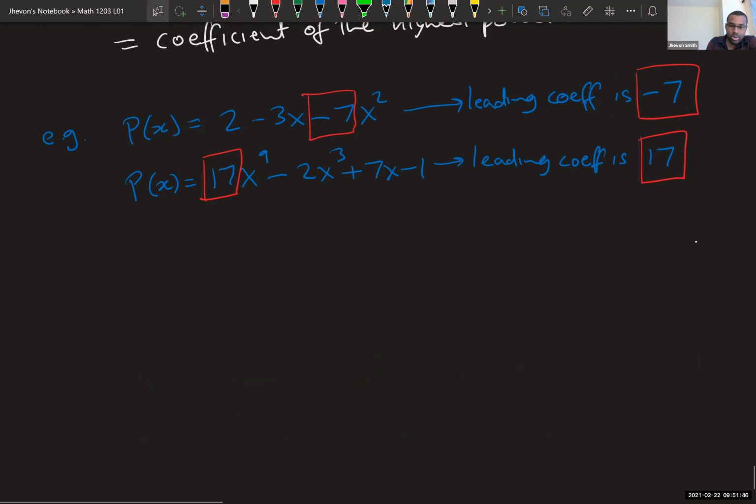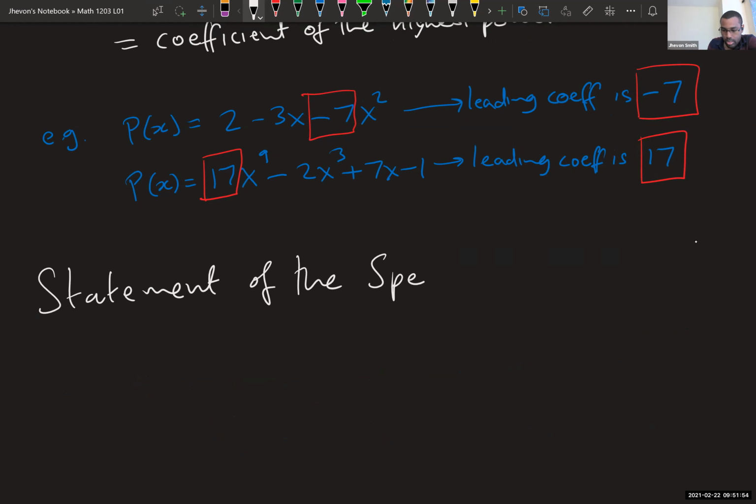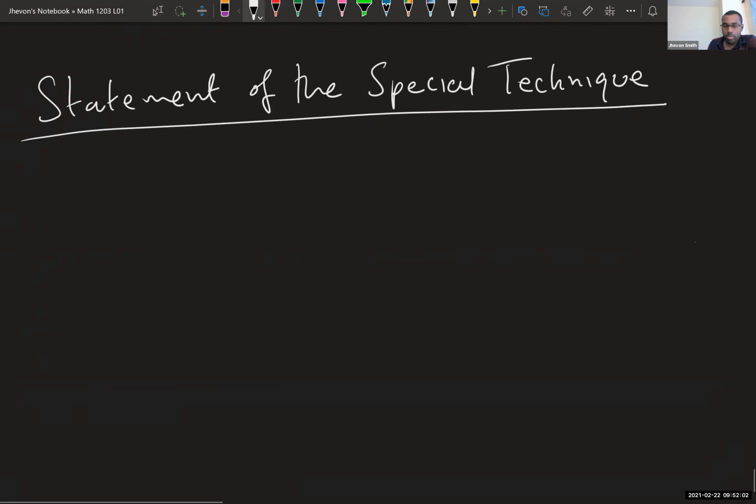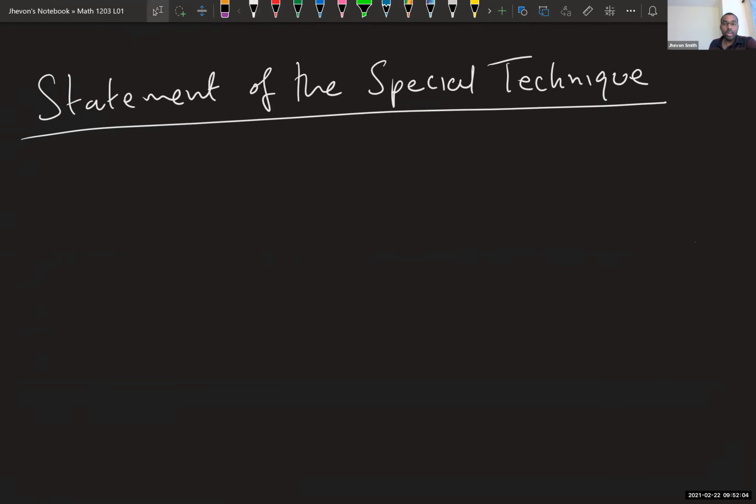Okay, so now here's the statement of the technique. So this would apply in step 3 of our process whenever possible. Whenever you have a limit of this form, the limit as x approaches plus or minus infinity, it has to be an infinite limit.